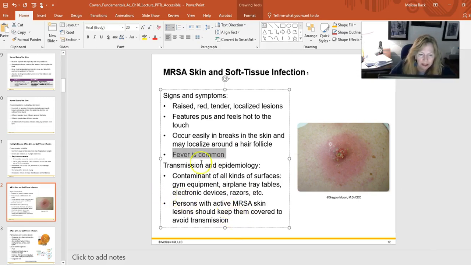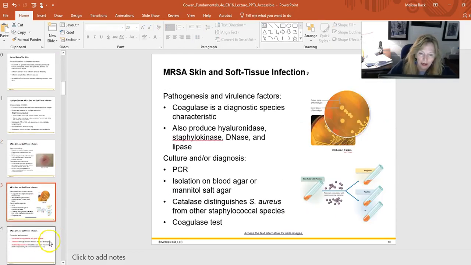So it's important that people that do have these types of lesions caused from Staph aureus are very careful to keep them covered to avoid transmission, because certainly not only can you transmit it to different areas of your own body if you have it, but it can be transmitted to other people. This is why we would never want to share things like razors or those types of things, because it can definitely be transmitted that particular way.